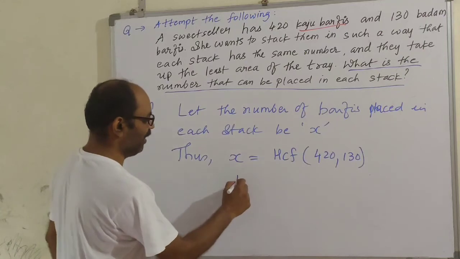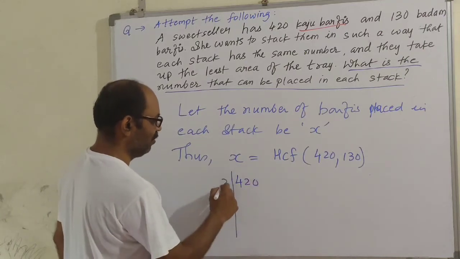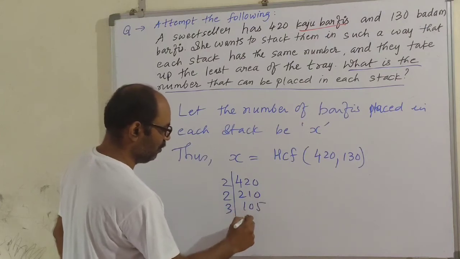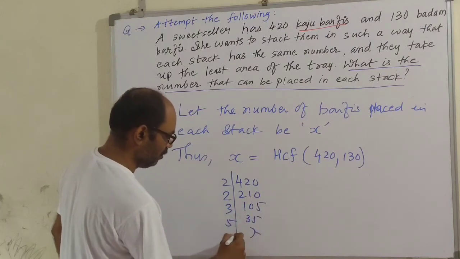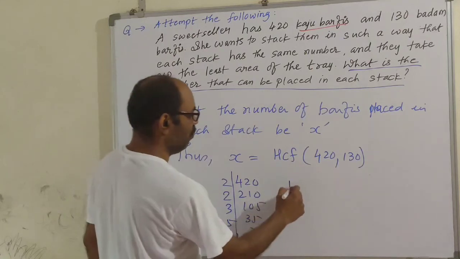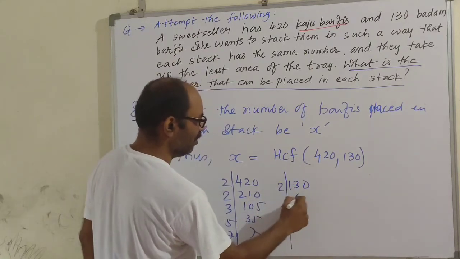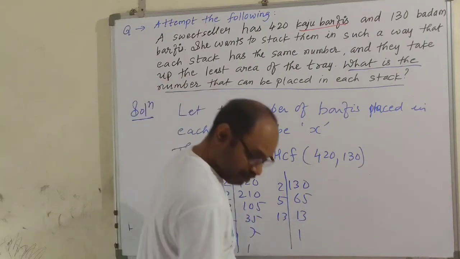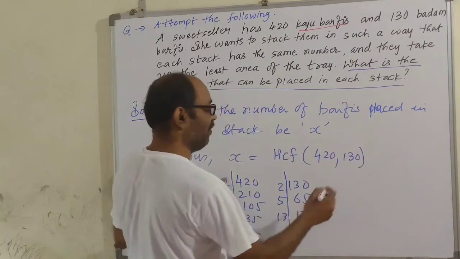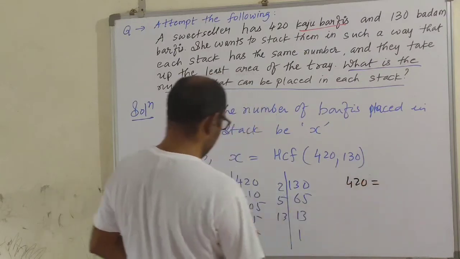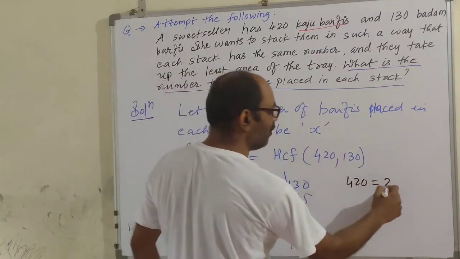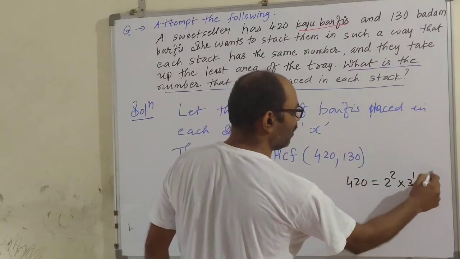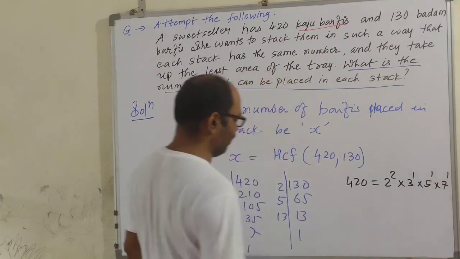Now 420 prime factors, and 130. So prime factors of 420: 2 is multiplied with itself 2 times, you may write 2 square, 3 appears once, 3 raised to 1, 5 appears once, 5 raised to 1, 7 appears once, 7 raised to 1.